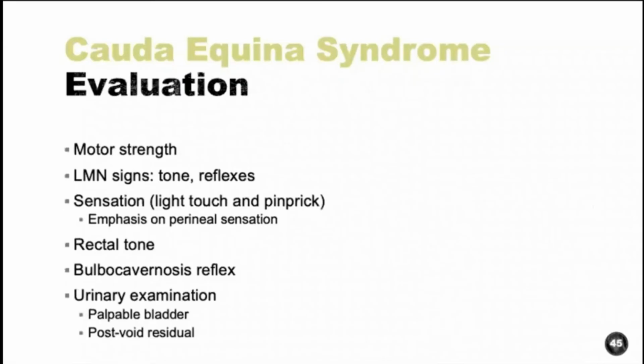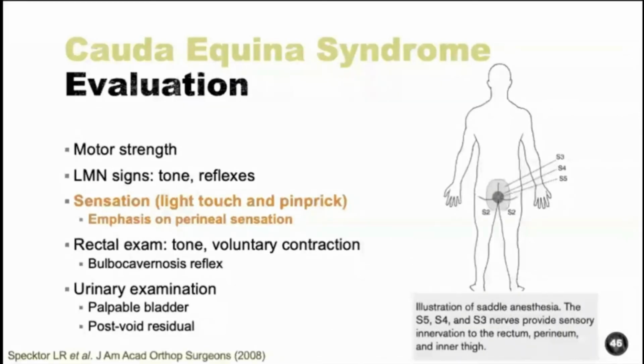So make sure that you do a really good neurologic exam on these patients. And again, this includes motor strength, the presence of other lower motor neuron signs like hypotonia and areflexia, and sensation. It's important to test both light touch and, although we often shy away from this, pinprick sensation. That's because patients with cauda equina syndrome typically have preserved light touch and pressure sensation, but they may lack pinprick sensation.